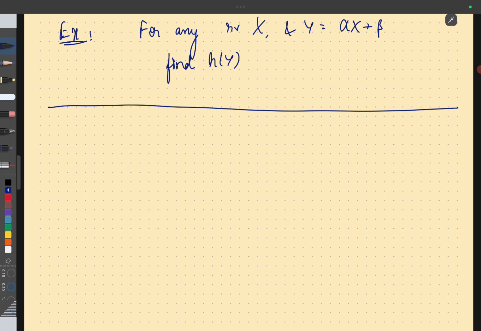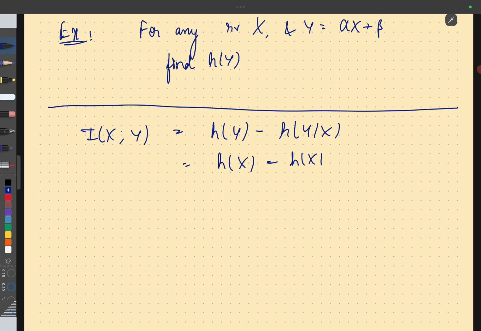Even though differential entropy has these kind of weird properties, we can still define the mutual information as the differential entropy of y minus the conditional differential entropy of y given x, which is also equal to h of x minus h of x given y, and you can show that this is non-negative.